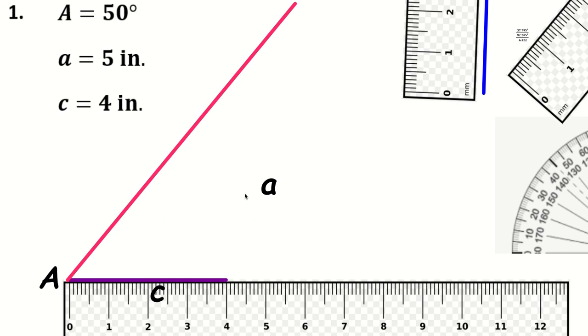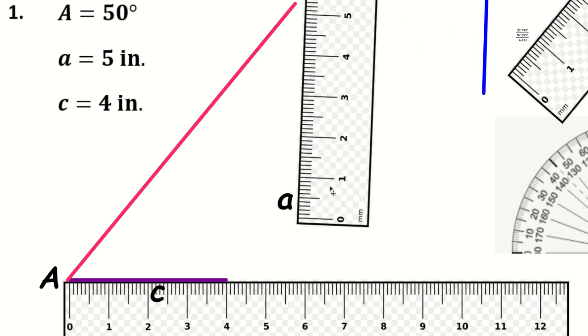And then the other measurement that's locked in is little a equaling 5 inches. Remember, side A is going to be over here. But we don't know what angle it's going to be at. We just know that side A needs to be 5 inches.